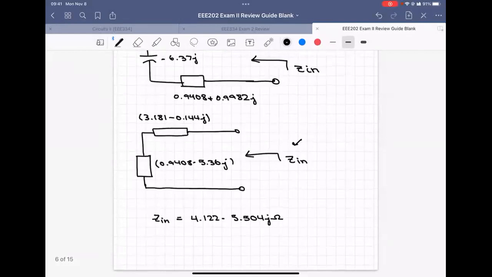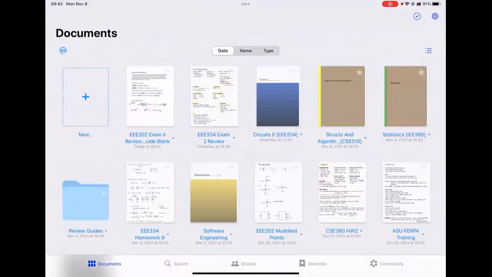It's like a Thevenin impedance. And then you'd have 6.876 angle 53.17 degrees. You can write it either way.